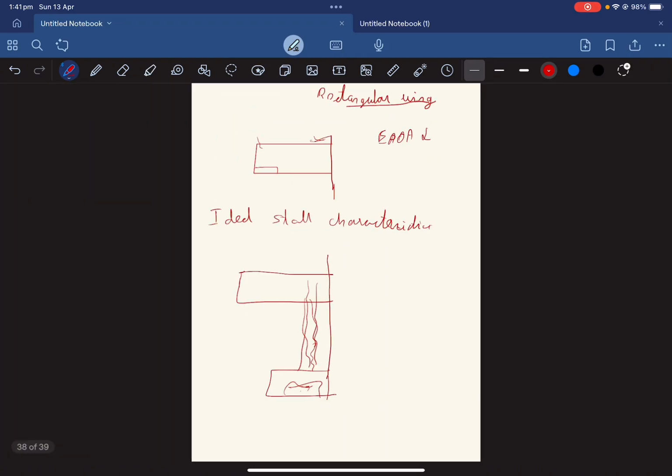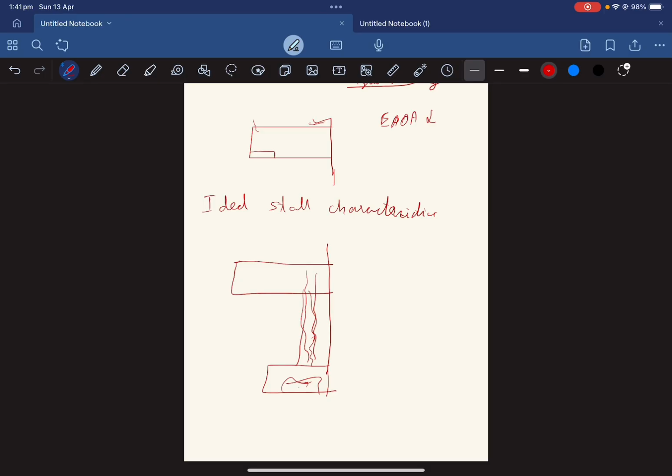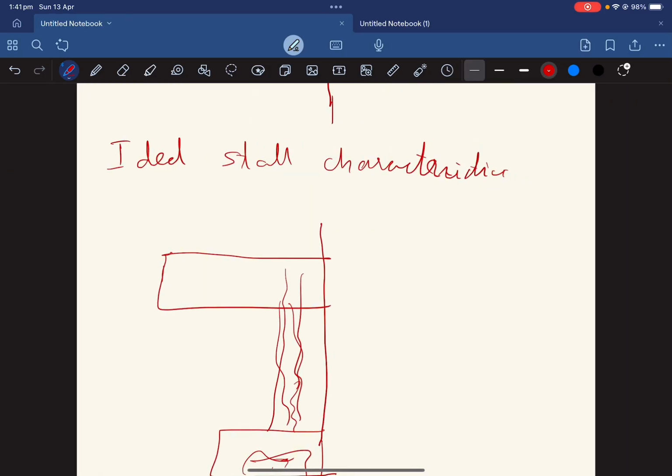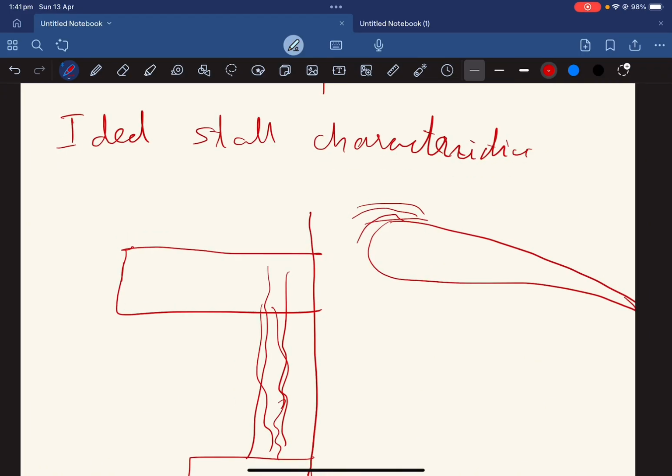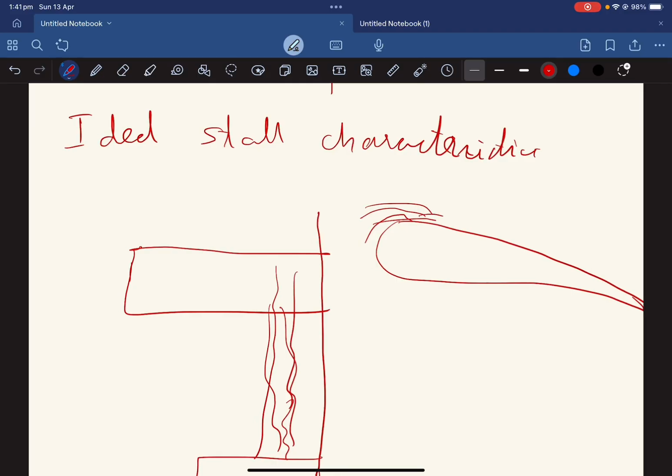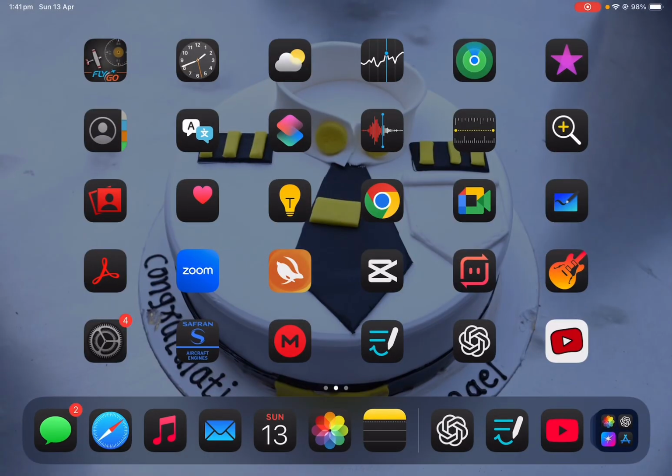So when you fly, let's say this is my aerofoil. What happens when I fly at the speed of sound? When I fly at the speed of sound, there are going to be shock waves that form on my aerofoil. Let's say this is a shock wave. I'll show you a video of a shock wave.